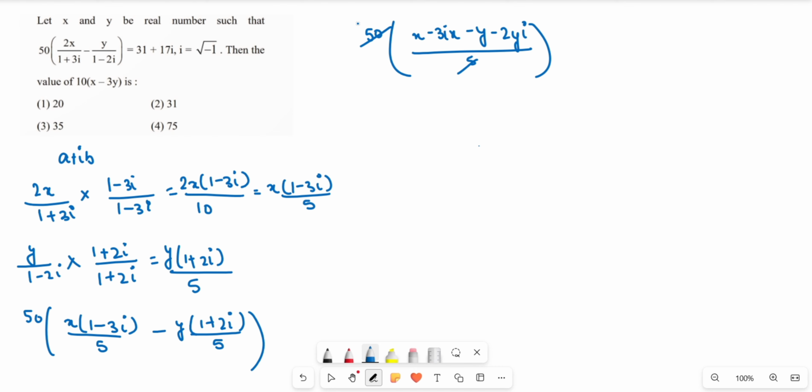Now I can cancel these terms, it will be 10. So 10 times, now here I'll separate real and imaginary terms. So I'll get (x minus y) minus iota common, (3x plus 2y). Now this whole term is equal to 31 plus 17 iota.